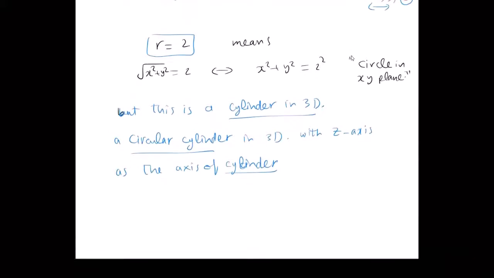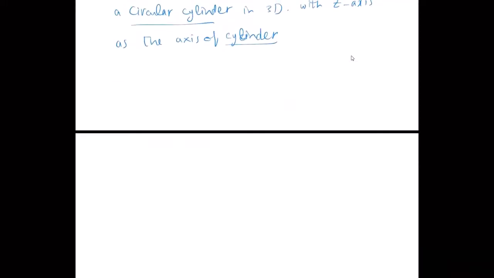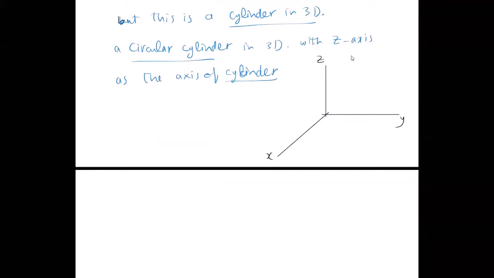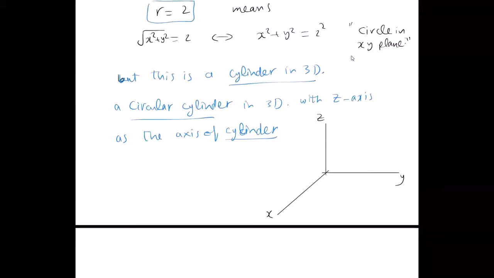You know how to draw that? Very easy. These are the 3 axes. We write here x, y, and z. So this circle is in 2D, it's a circle.